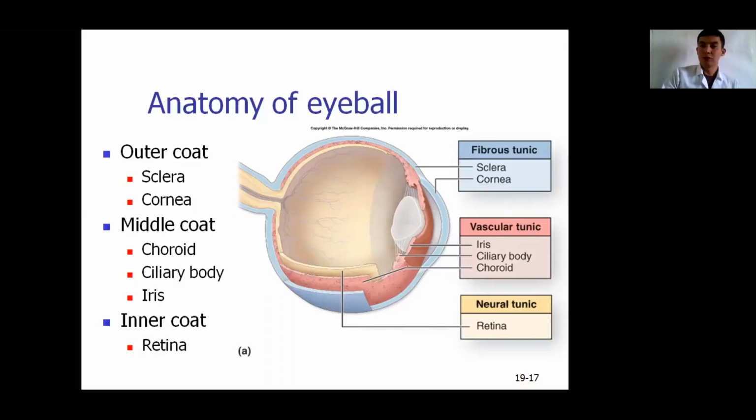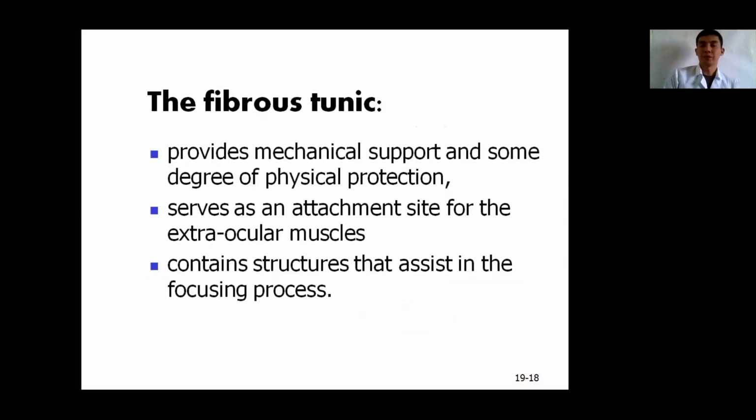Let's talk about each layer in detail. The first layer, as you understood, is the fibrous tunic, which provides mechanical support and some degree of physical protection and serves as an attachment site for the extraocular muscles, such as the four rectus muscles and two oblique muscles.